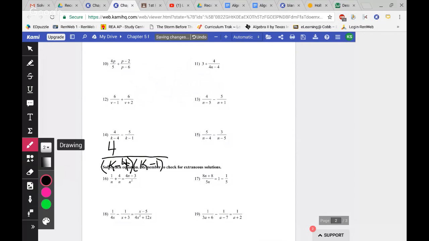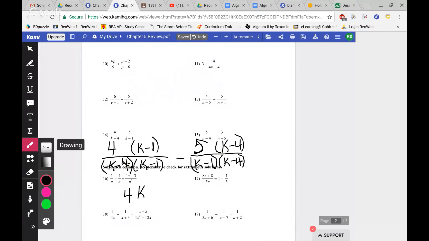And then we're multiplying the bottom by k minus 1, so we have to do that at the top too in order to not change the value of the fraction. And then minus 5 over k minus 1 times k minus 4 to create that common denominator. And once again, whatever you multiply by the bottom, you have to multiply by the top in order to not change the value. And now we're just going to distribute the 4.